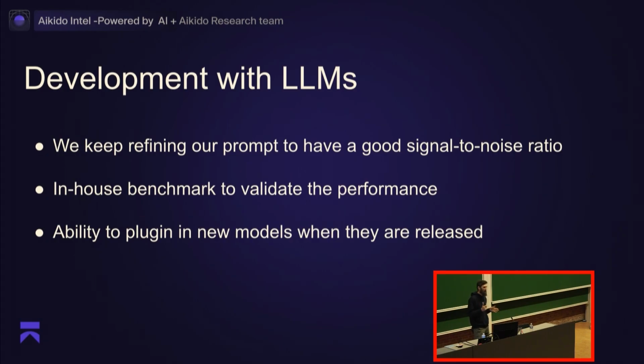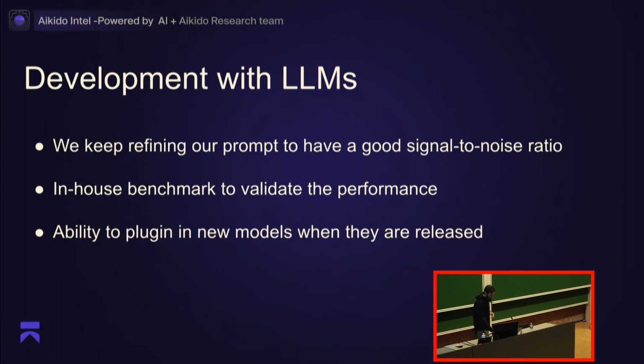It's not because you switch from a model that was released last year to a model that's released this year that you're getting better performance. It could be that your prompt is really tuned towards the older model and does not perform well on the newer model. And that's where you really need to have benchmarks to make sure that you can track how we are doing. For us, that's really important to get a good signal-to-noise ratio and to get an amount of issues that you can actually filter through and get good results out of.